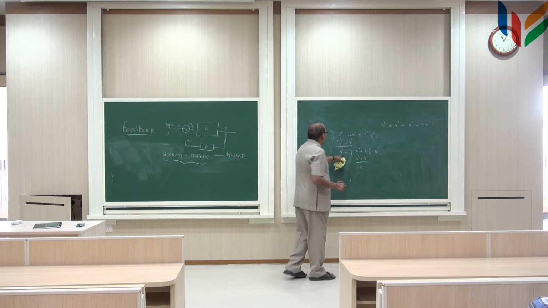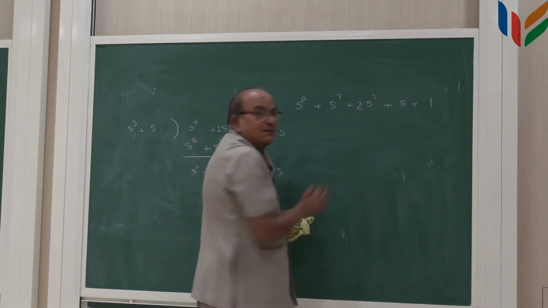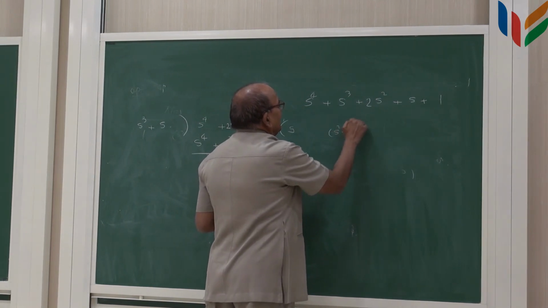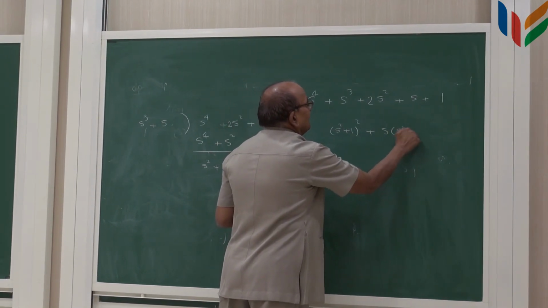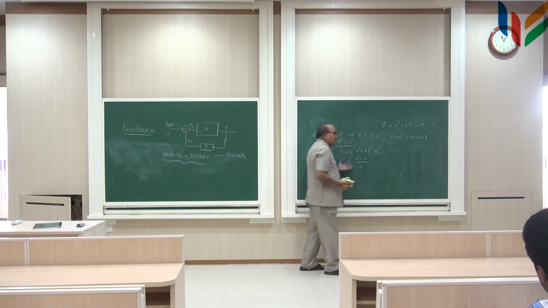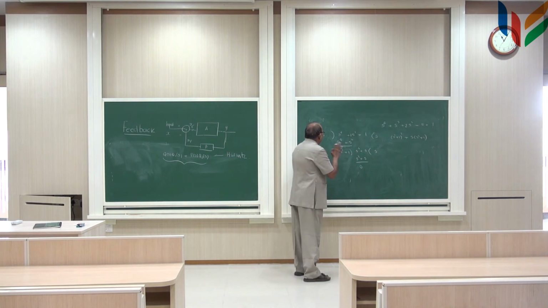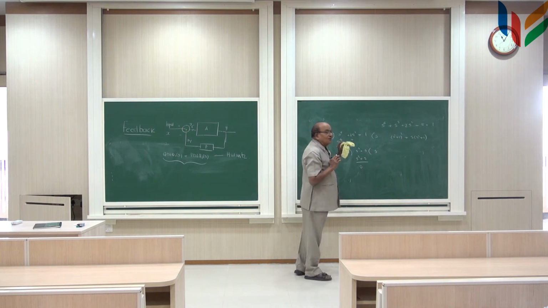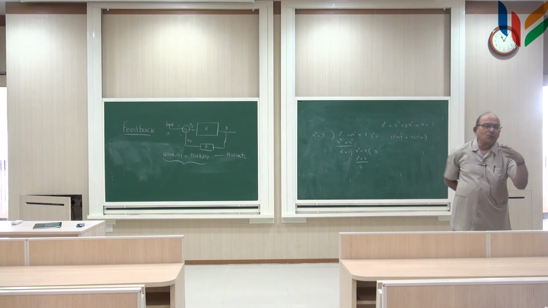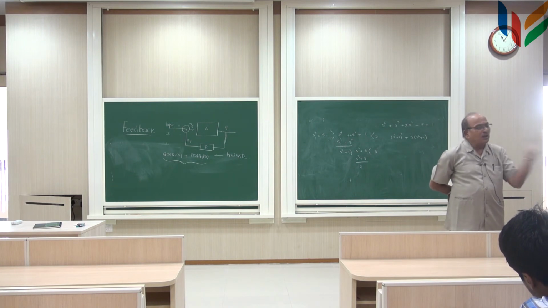What it means is s squared plus 1 is a common factor between this part and this part, which is true obviously. So this is (s squared plus 1) whole squared plus s into (s squared plus 1). So you got a common s squared plus 1 appearing as a common factor here. But anyway, I think I took wrong examples. But the method of testing is: take the highest power polynomial, either the even or odd part, divide by the other polynomial in a continued division.